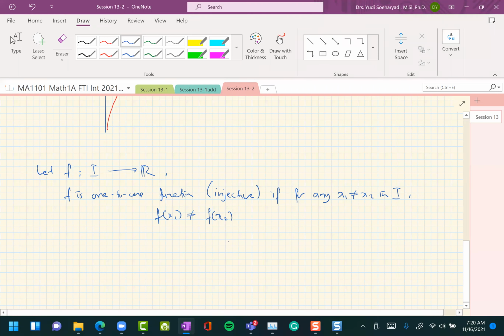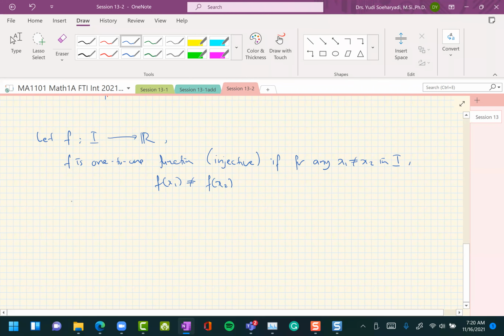Or equivalently, if f of x1 equals f of x2 in the image, then you cannot avoid that x1 must be equal to x2.